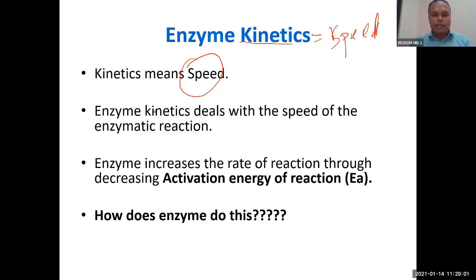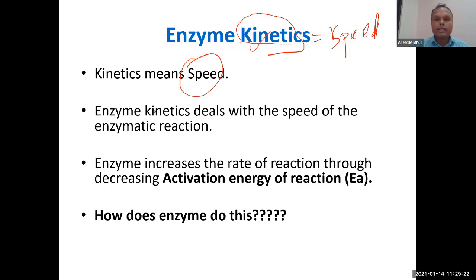How fast an enzyme can catalyze a particular reaction is called enzyme kinetics. You can call it faster kinetics or slower kinetics.